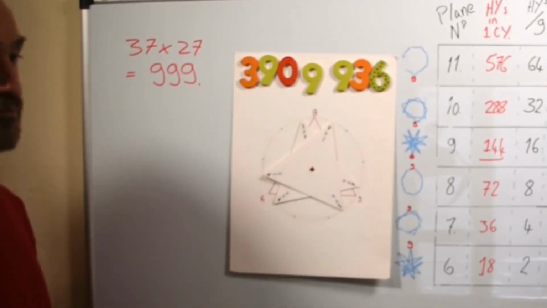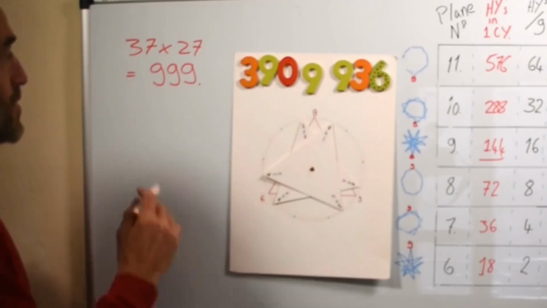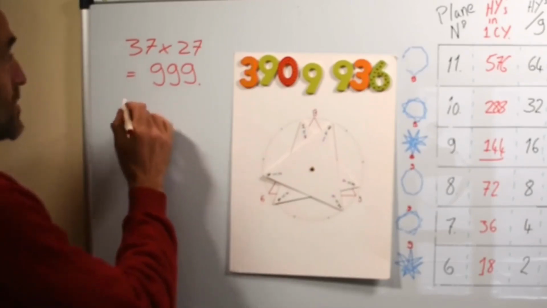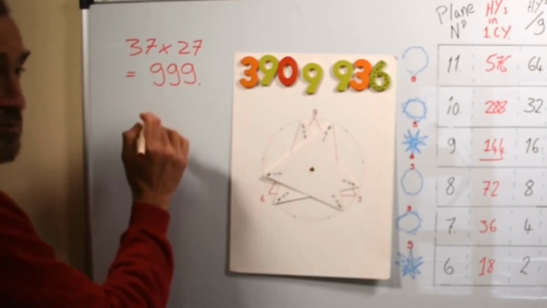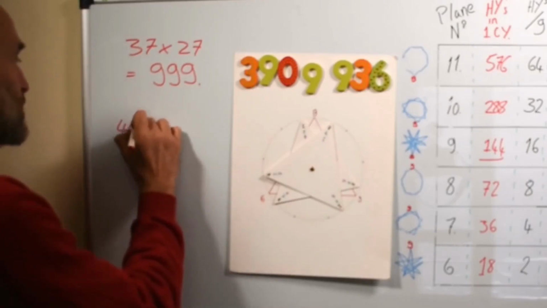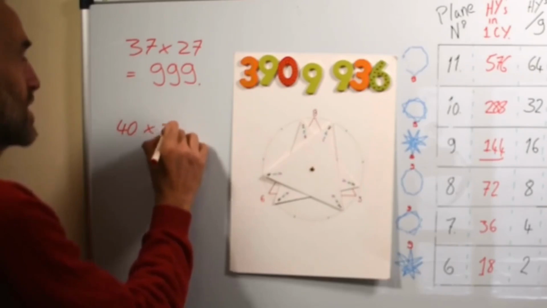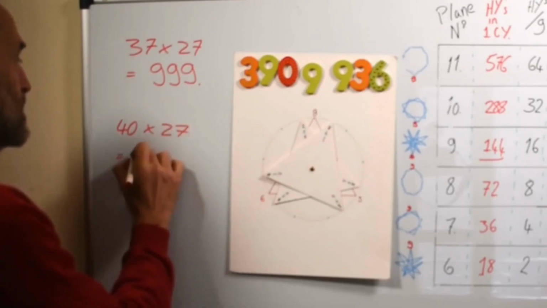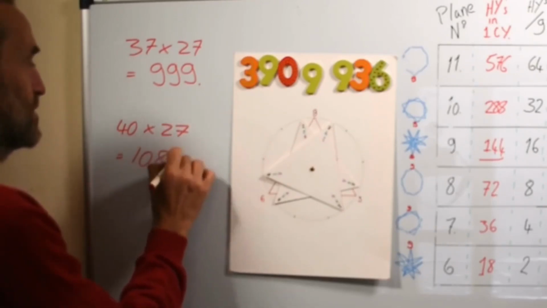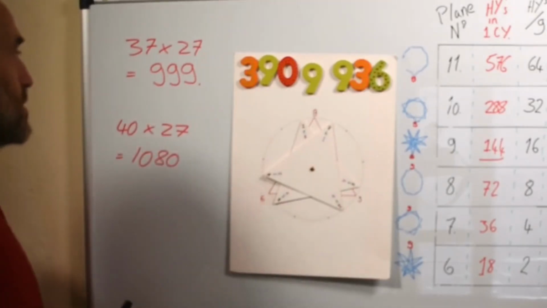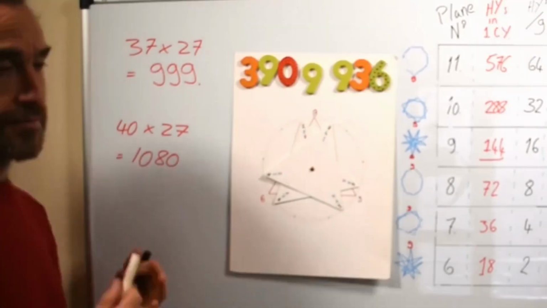So you've got 999 as the 37th term of the sequence, and we have also already talked about it, and we know that 27 times 40 equals 1080, which is 3 times 360.